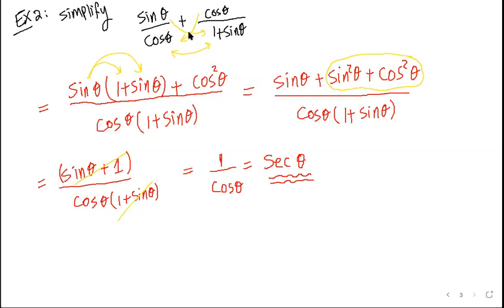Okay, so this expression is a secant. This is what we have to know about simplifying the expression. Now, proving trigonometric identities. Any question for this? So proving trigonometric identities.